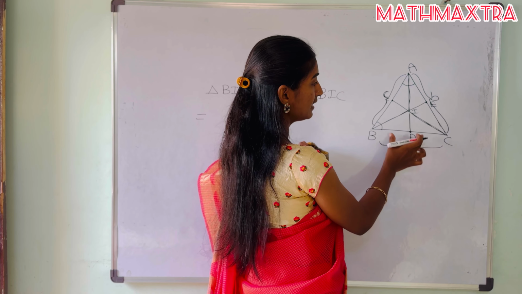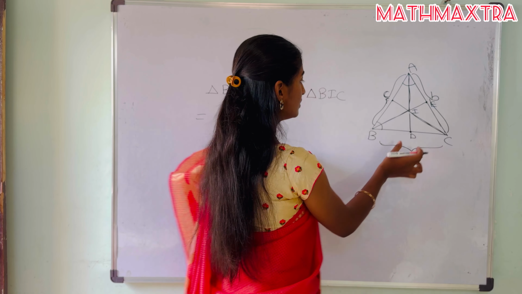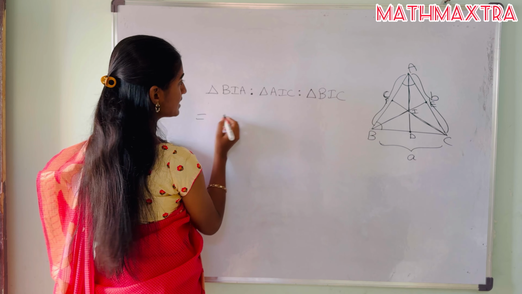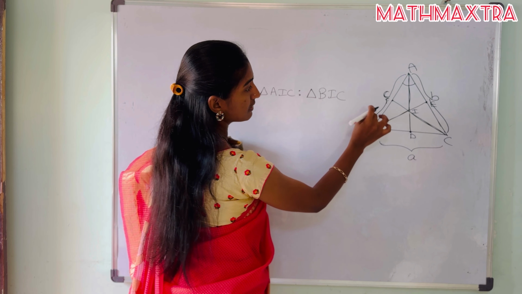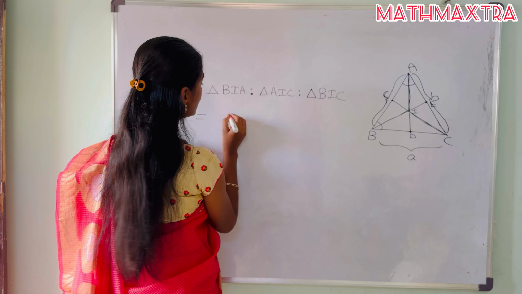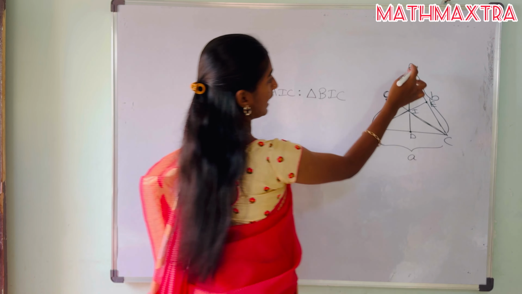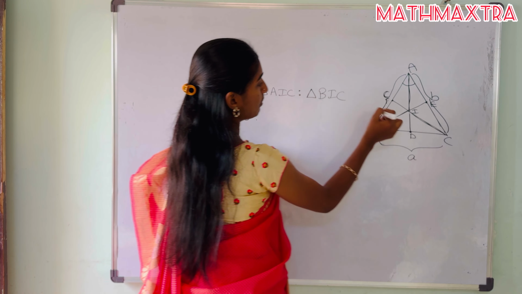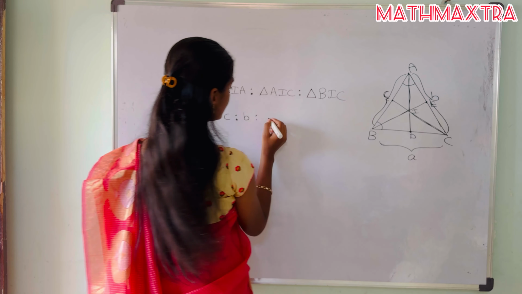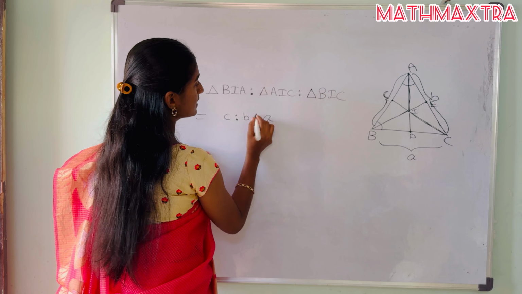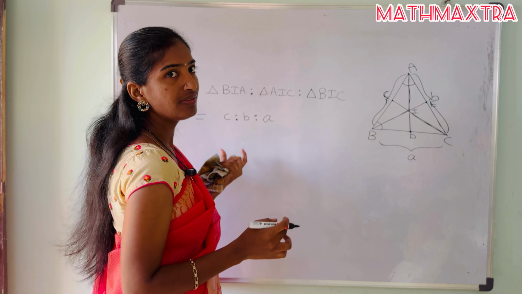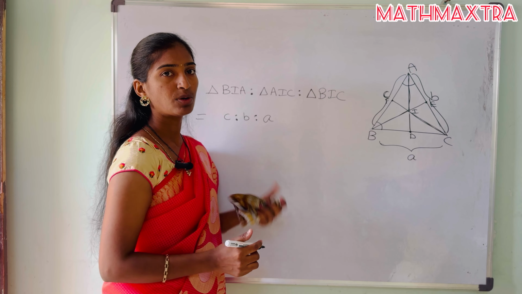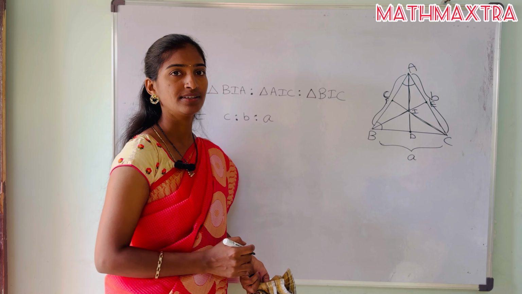For BIA the corresponding side is c, for AIC the corresponding side is b, and for BIC the corresponding side is a. So the ratio of these areas is always the ratio of their corresponding sides. Okay, this is one more property related to the incenter.